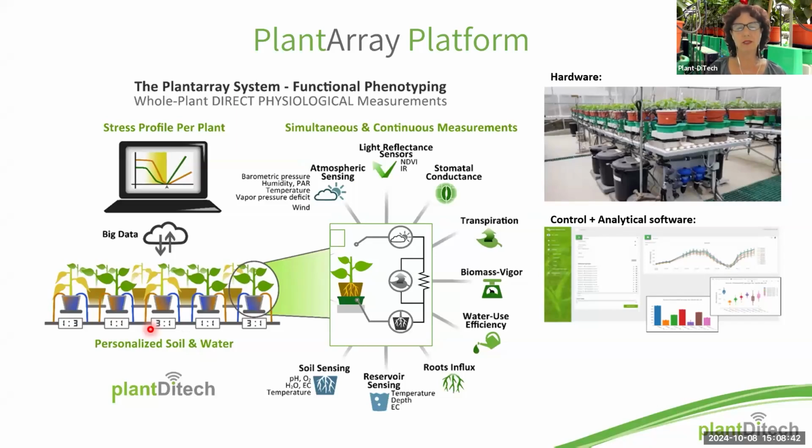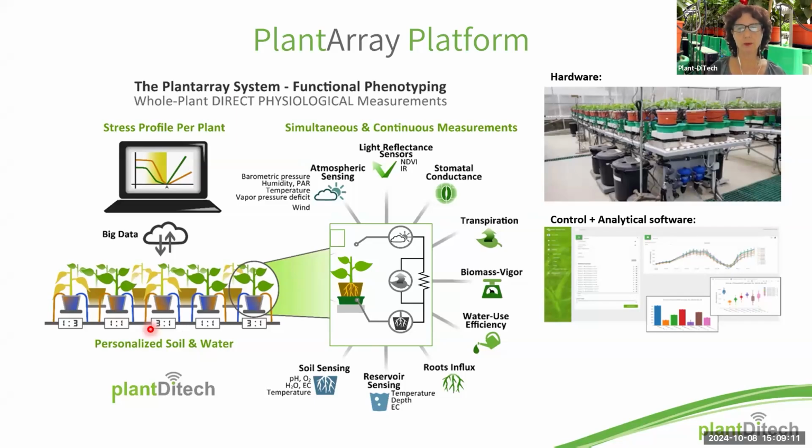What you can see on the left-hand side in the image is that we are providing personalized treatments, like personalized cocktails for the soil water, for each and every plant, could be different. And also we can apply multi-stress, multi-treatments to each and every plant separately and all together, depending on the design of your experiment.